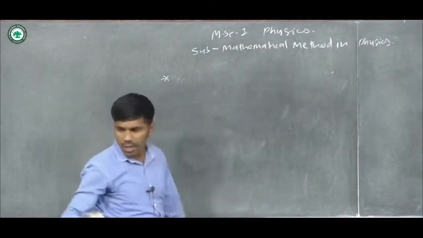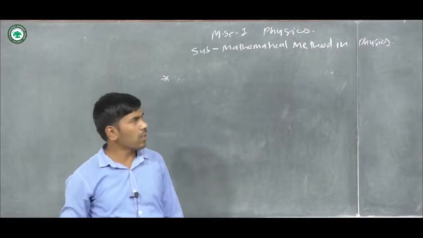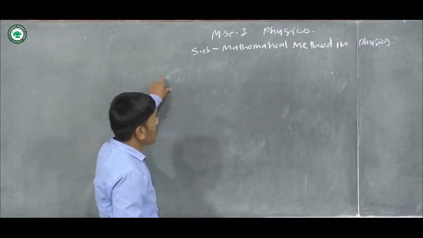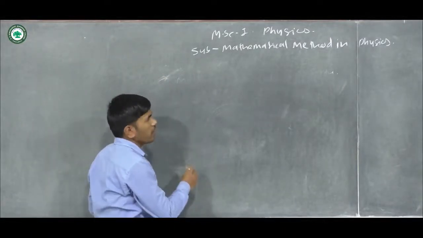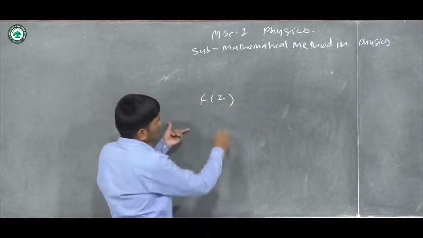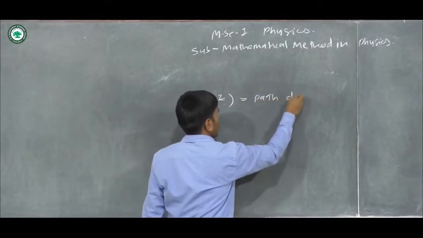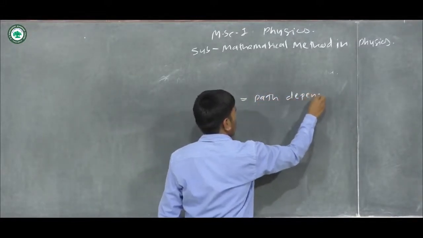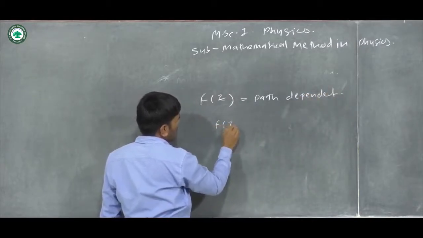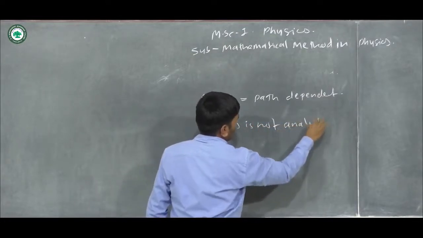Today we are going to discuss one important theorem, that is Cauchy-Goursat theorem. Before that, I would like to introduce f of z. If f of z is path dependent, then we call this f of z not an analytic function.